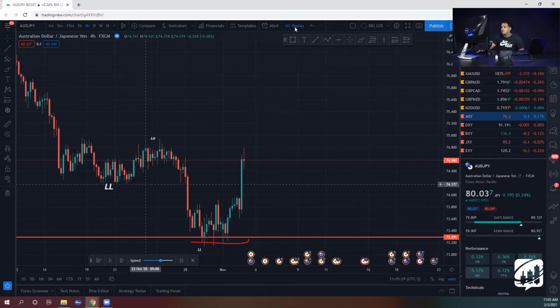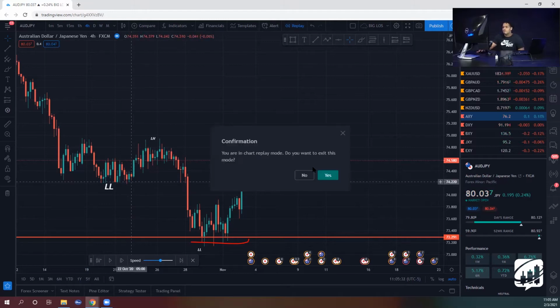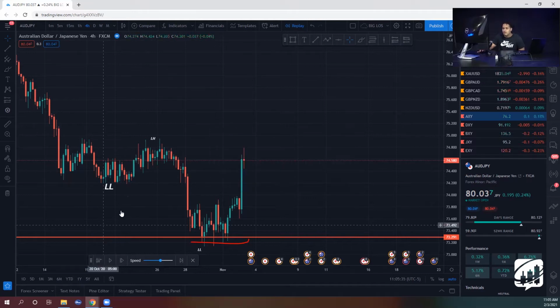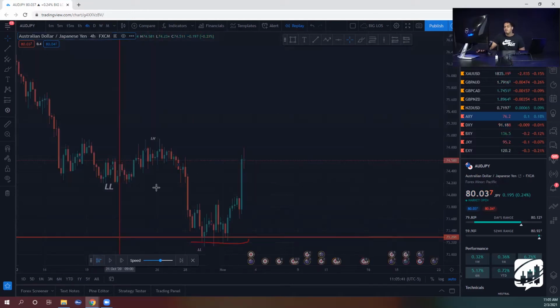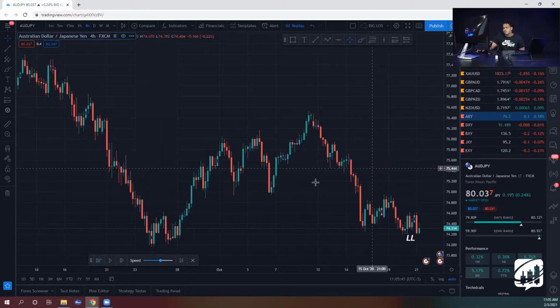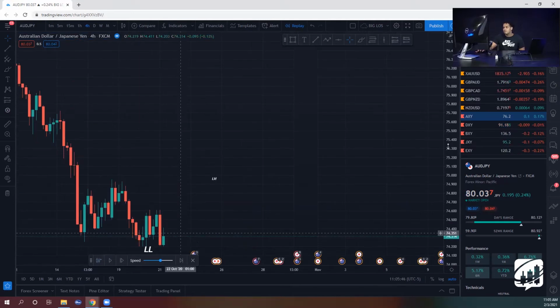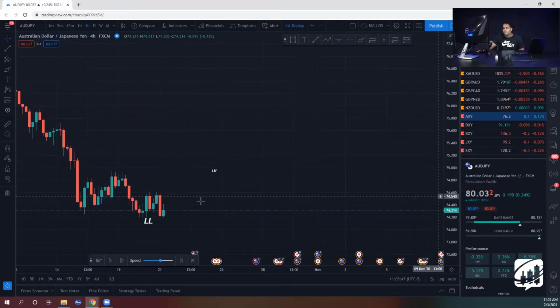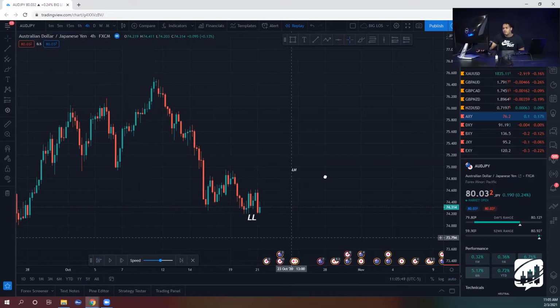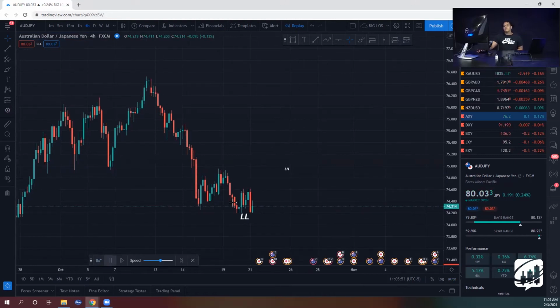Let me show you why. Because before this new lower low was formed, this was our lower low. This was our lowest point in the market at this period of time. So that's why that's our lower low.